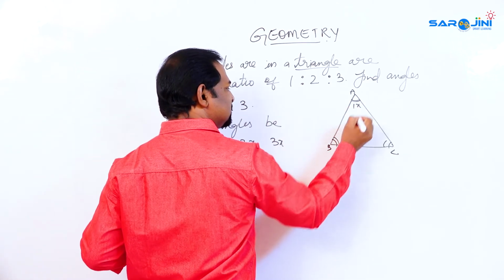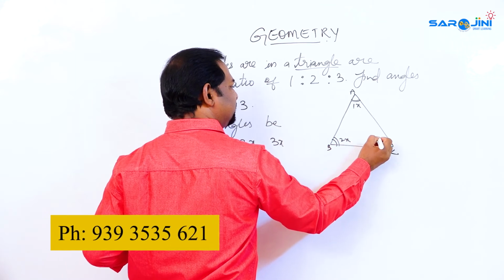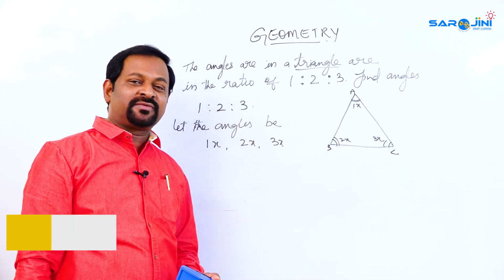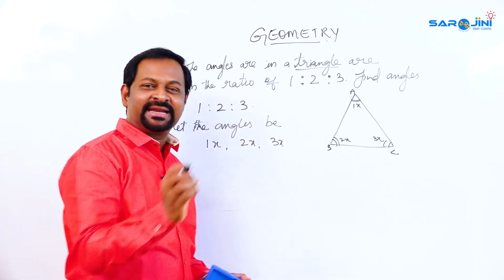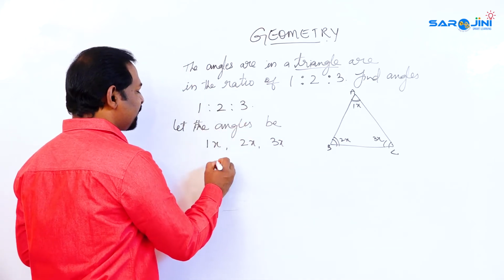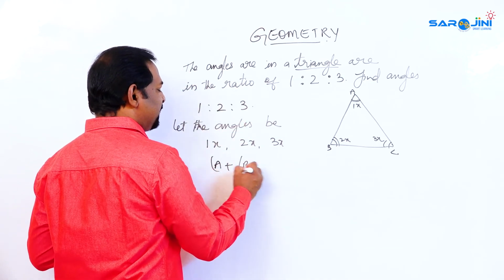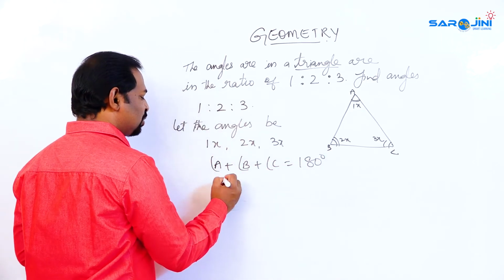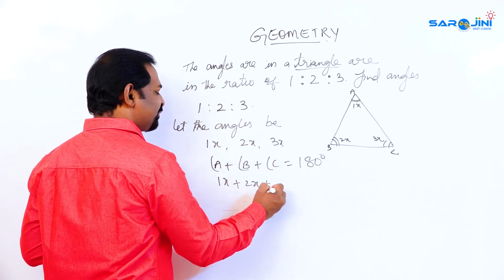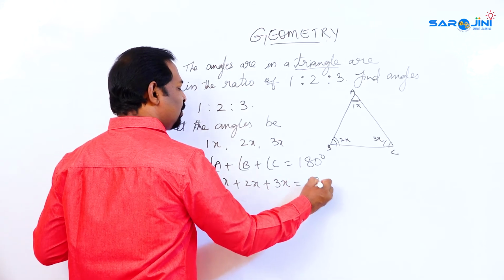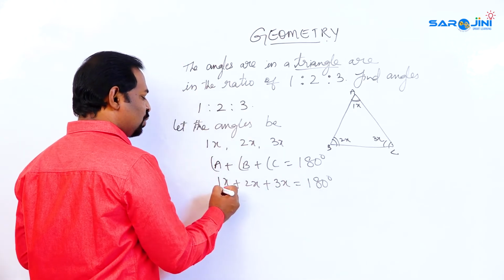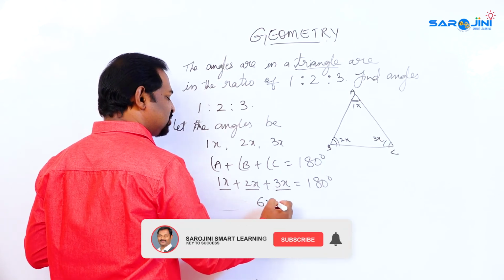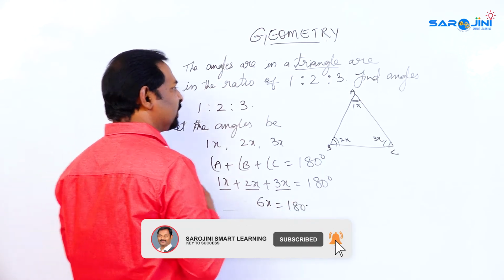Say this is 1x, this is 2x and this is 3x. As we are discussing a triangle, the sum of the angles of a triangle is 180 degrees. So angle A plus angle B plus angle C is equal to 180 degrees. So 1x plus 2x plus 3x is equal to 180 degrees. 1x plus 2x is 3x, 3x plus 3x is 6x, equal to 180 degrees.